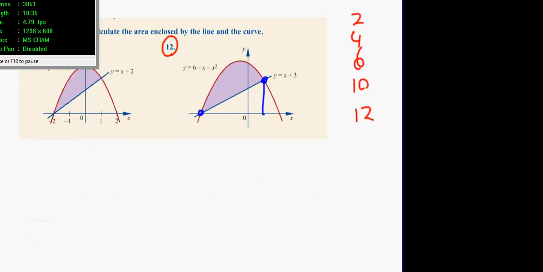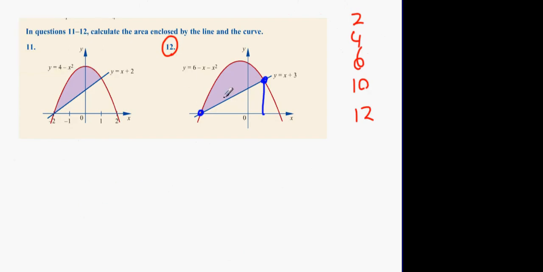Is 18 the answer in the back of the book? There you go. What I want you guys to visualize is this. Visualize that this line doesn't exist and it stops up here. If I get the area of the curve, I get the full blue area here, because it's the curve all the way down to the x-axis. What I have extra is this green triangle here.